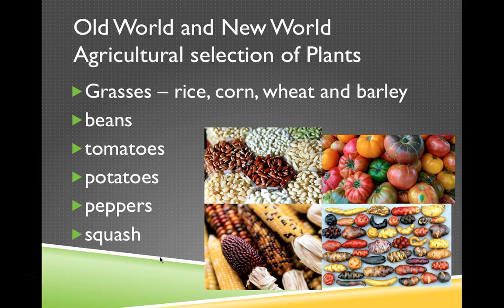Over thousands of years, various grasses that include rice, corn, wheat, and barley, beans, tomatoes, potatoes, peppers, squash. There are literally hundreds, if not thousands, of different sources of plants that have been domesticated and used in farming to develop our current modern agriculture.